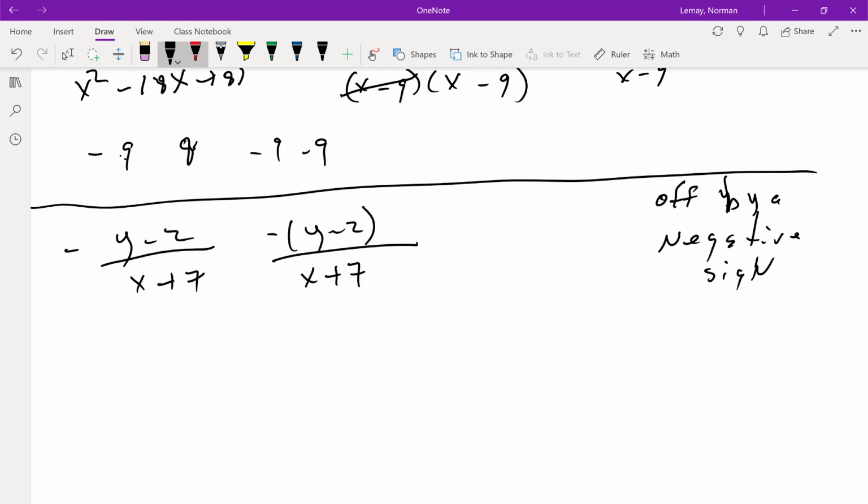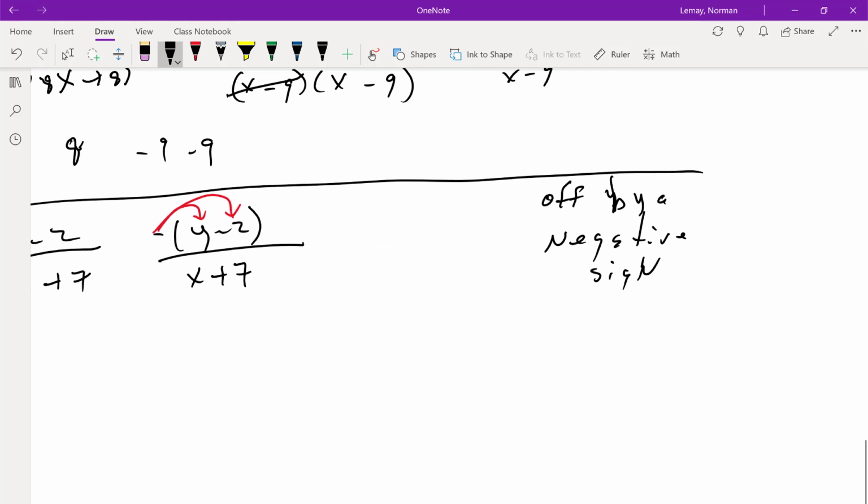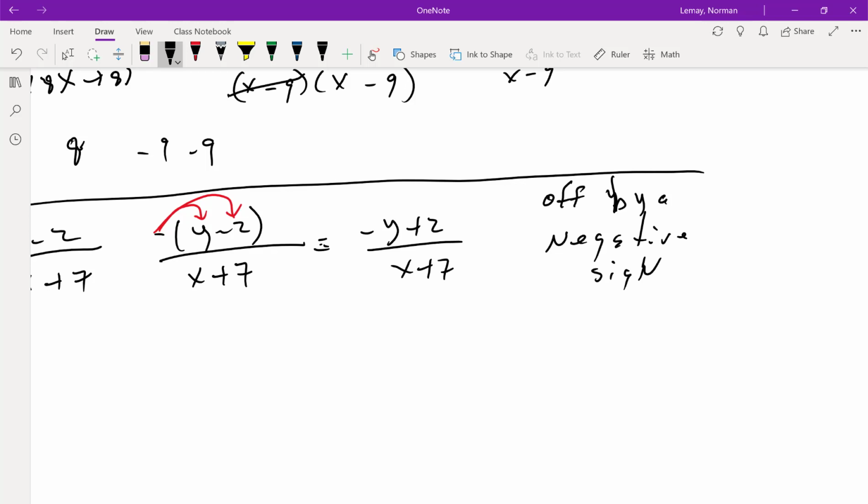Now what I can do is use the distributive property, and let's just note when I distribute this across the parentheses there, that I can rewrite this as negative y plus 2 divided by x plus 7. So this is known as an equivalent form.